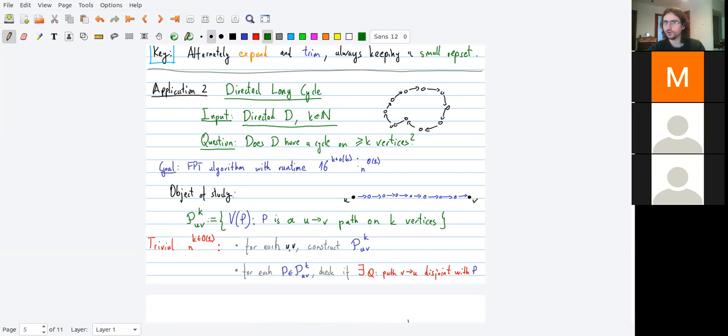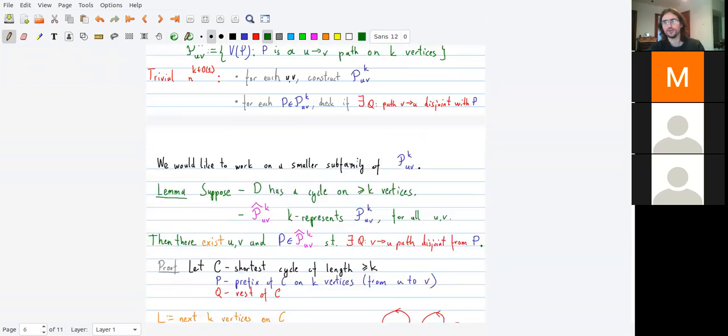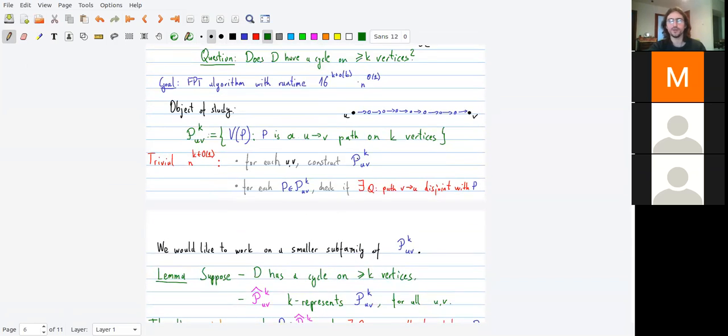And this is why color coding and different techniques of this kind are not that easy to apply here. But representative sets will actually yield a nice algorithm for this problem with running time, I think, 16 power k. You can again improve this running time to, I think, 7.5 power k times n to the small o of 1, using a better algorithm for computation of representative sets.